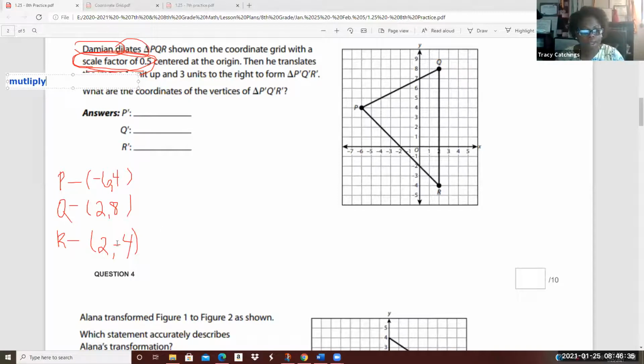So with these coordinates we have, we are multiplying the x coordinate and the y coordinate by 0.5 for each. So if we do that first for P, what are our new points for P? Take half of both. Half of -6 and half of 4.